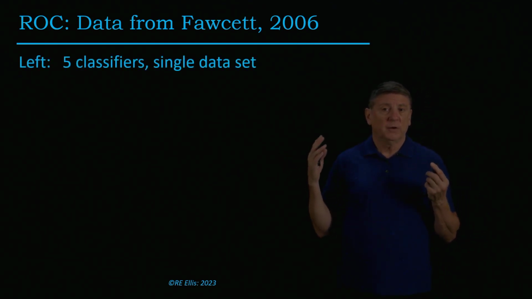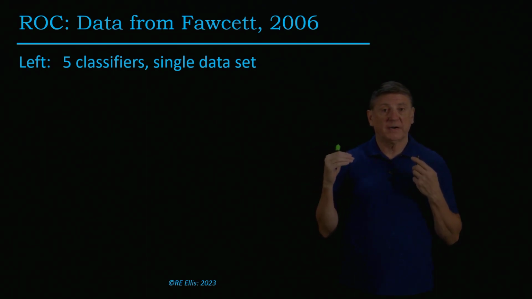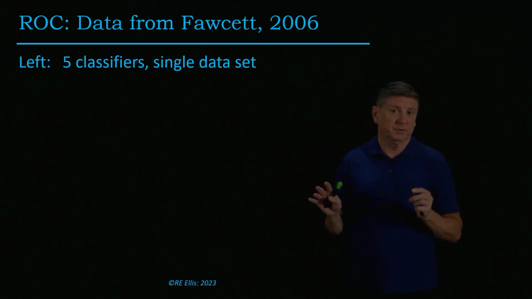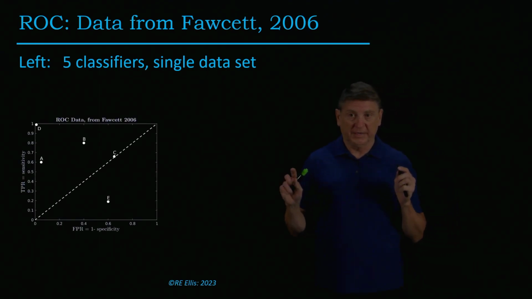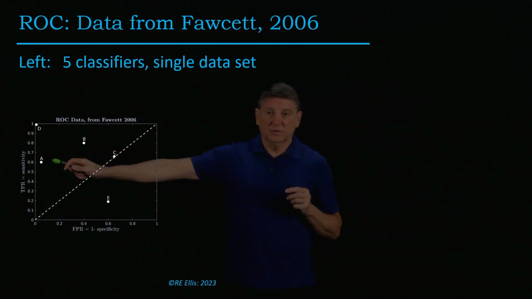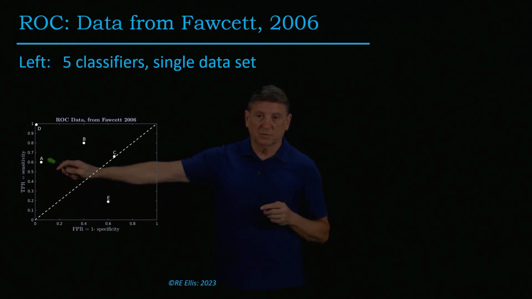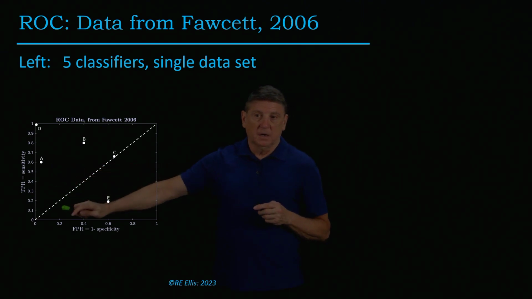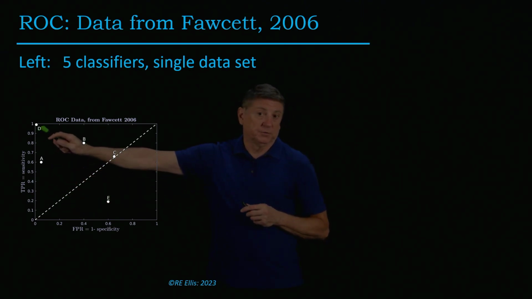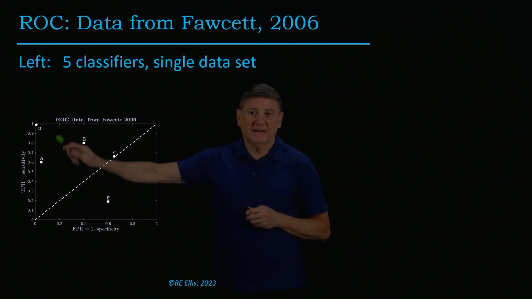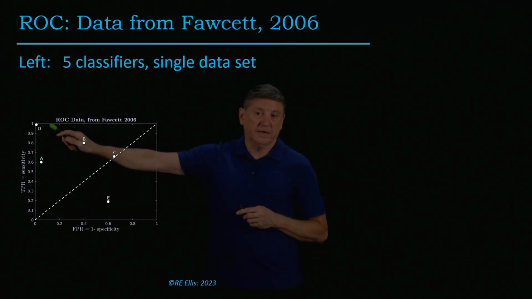Let's look at some data from a commonly cited journal article. First, we have 5 classifiers operating on a single data set. So we've got some data set and 5 different learning algorithms working on it. Learning algorithm A has a relatively low false positive rate and a moderate true positive rate. Algorithm D, which is looking pretty good, has a near 0 false positive rate and a near 1 true positive rate.